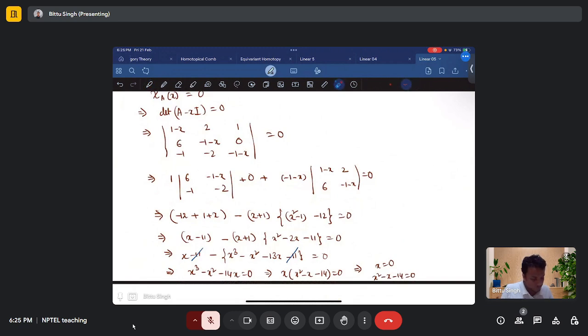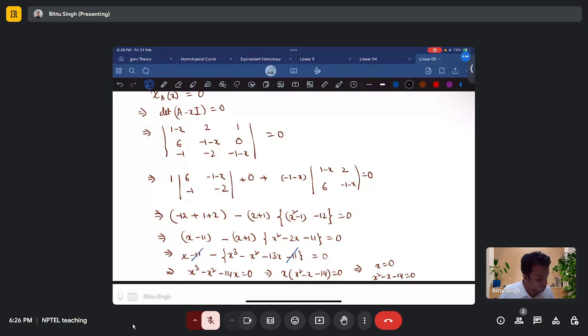So the first one is minus 12 and then minus of this, because determinant means this times this minus this times this. So there it is 1 plus x, but we need to take the negative sign of this.